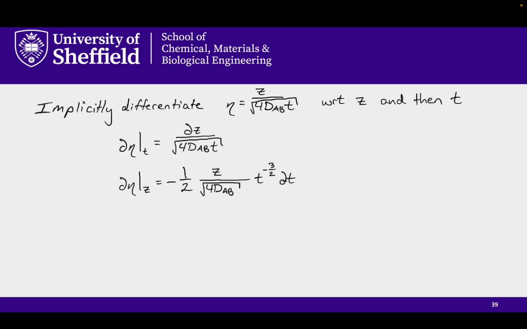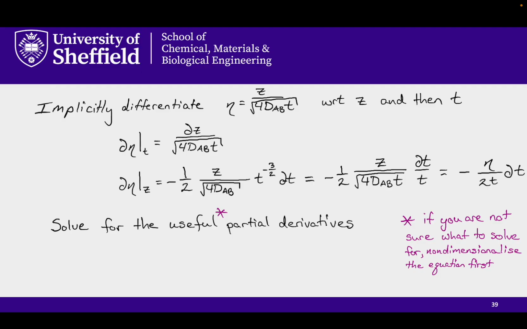We can tidy up this expression just a bit more by taking 1/2 power of t under the radical, and that leaves us with 1 inverse power of t outside the radical. And of course, that means that term in the center is really just the definition of eta. And so we can dramatically simplify this partial differential by replacing eta for that middle term.